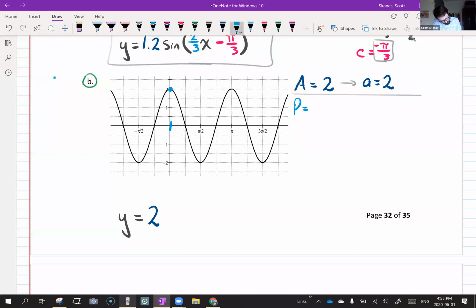From here to here is the period. So it's pi. Two pi over period. So B is 2.